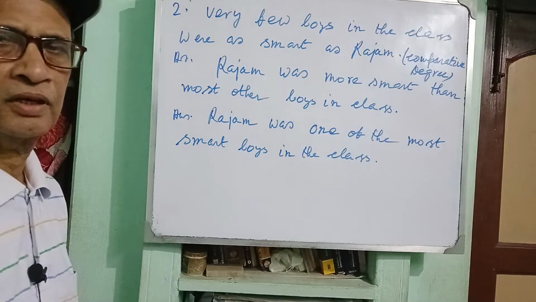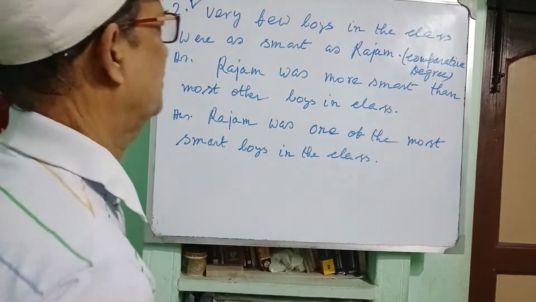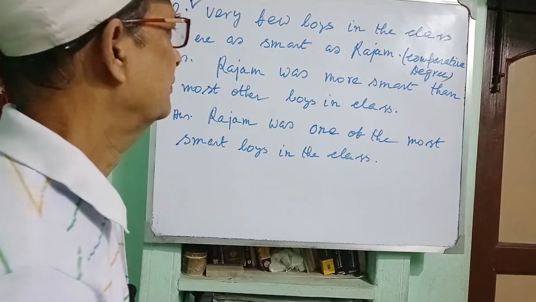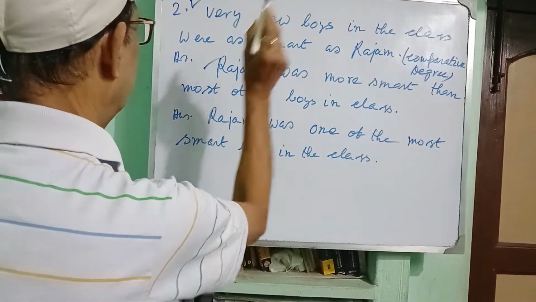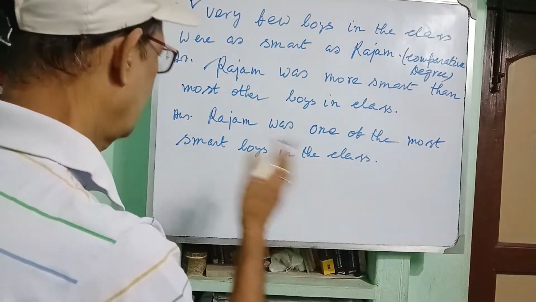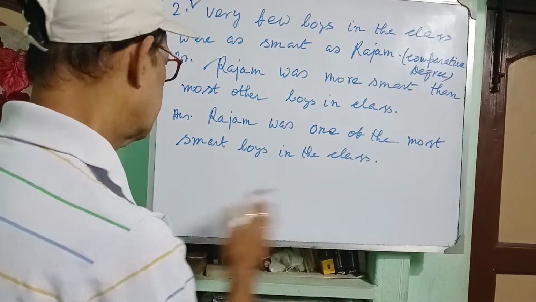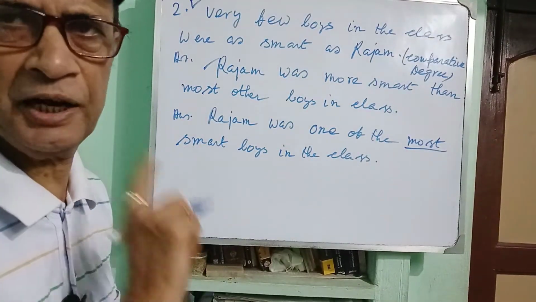Okay? So, the first example is positive degree. Second example is comparative degree, more smart than. Rajam was one of the most smart boys in the class. It is an example of superlative degree.